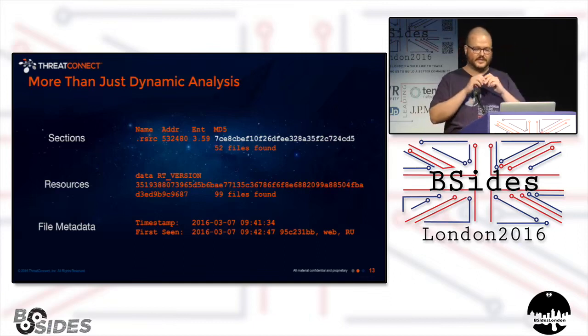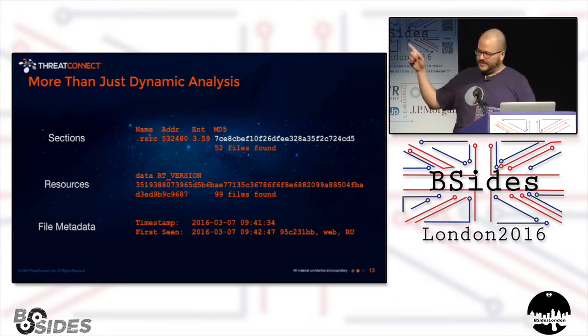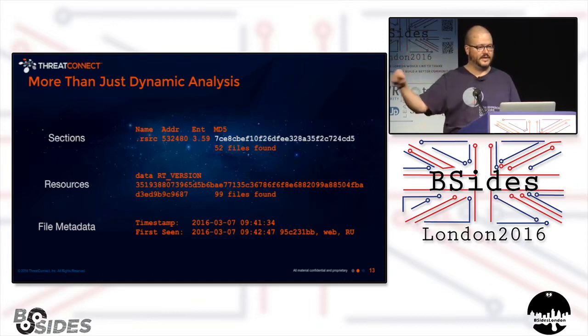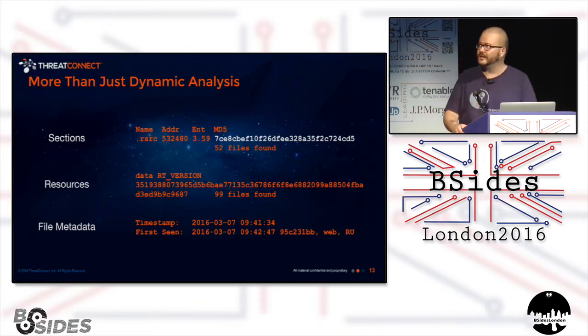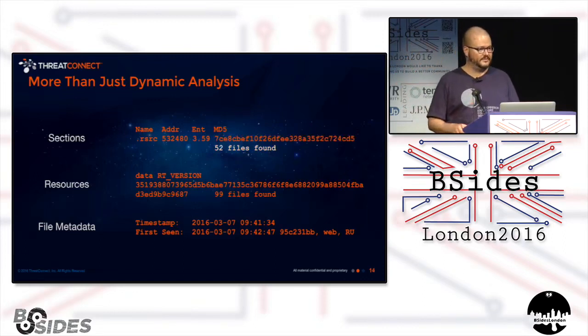And so you can set up kind of families of malware that are potentially related. And so this is actually the MD5 that I used to search in VirusTotal for other files that are related to this particular PE file, and I found 52 other files.